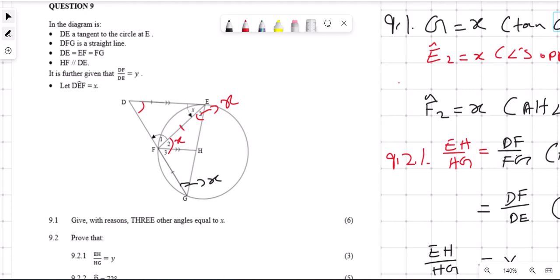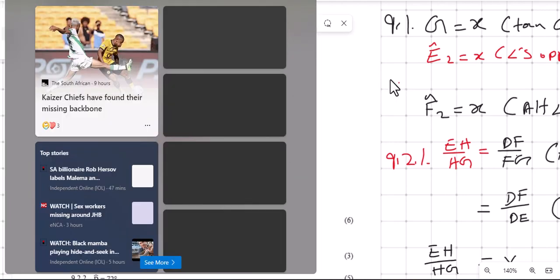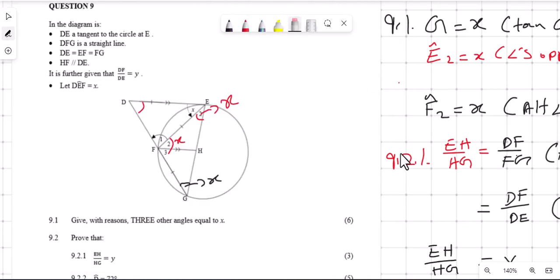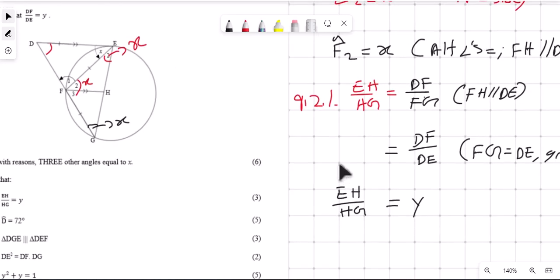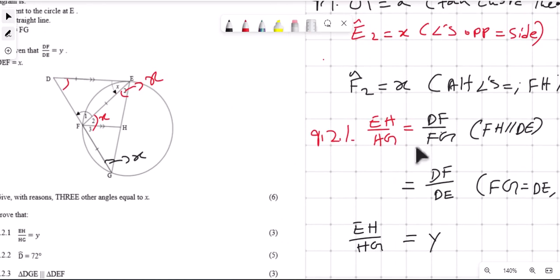Yes, DE is equal to EF. There is a stripe. So angle D and F1 are equal. So what will it mean about angle D? We can simply say, can I remove this? Yes. Okay.